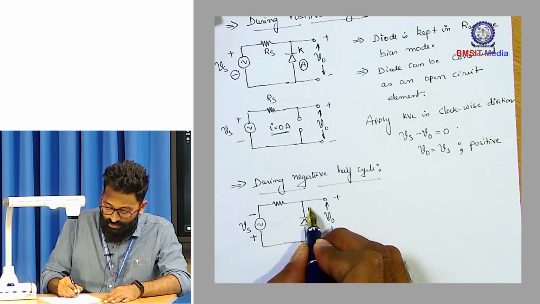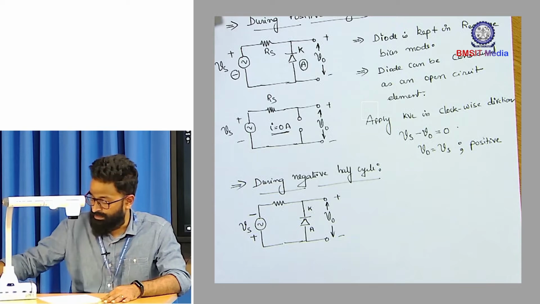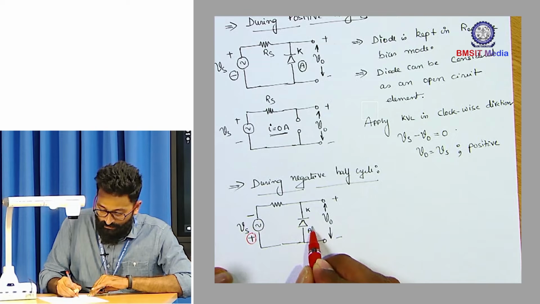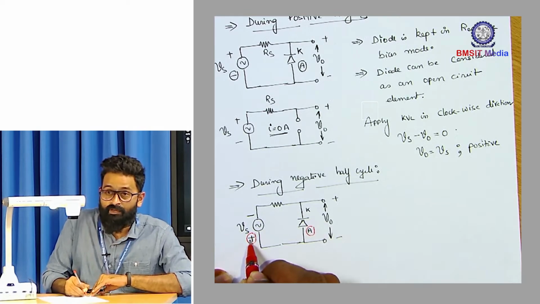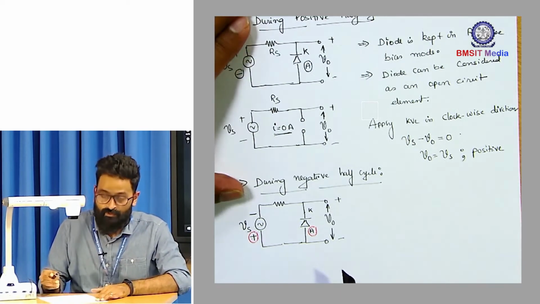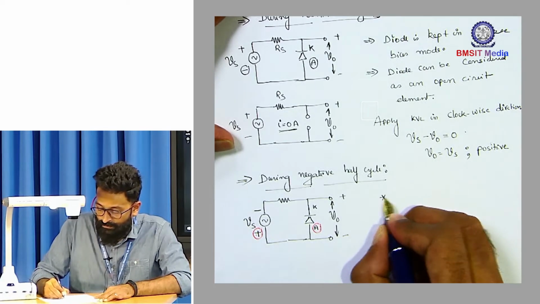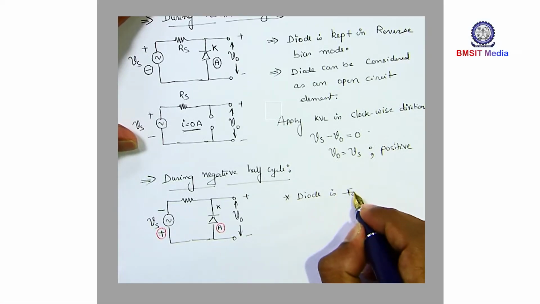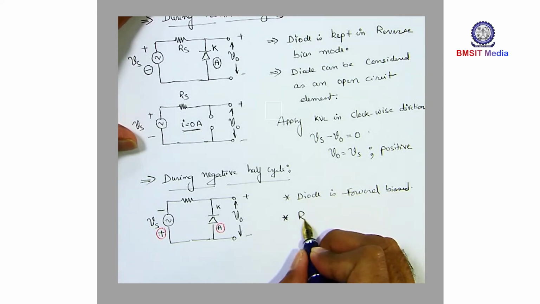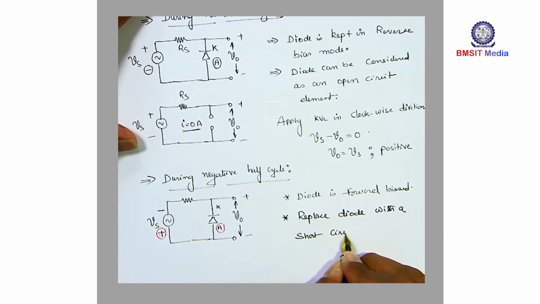Okay, so this is your cathode and this is your anode. So as you can clearly observe, the anode terminal of the diode is getting connected to positive terminal of the supply. So we call this particular connection as forward bias connection, right? So what you can say is that diode is forward biased, right? So whenever the diode is forward biased, you can replace diode with a short circuit equivalent.